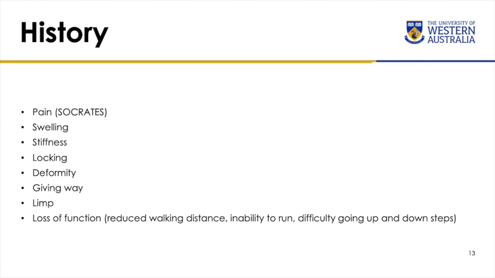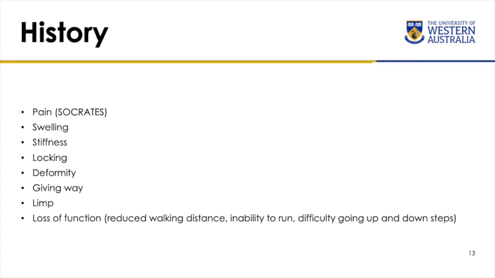Giving way or instability normally suggests a ligamentous injury, but it could also be a meniscal or capsular injury or simple muscle weakness. We should also distinguish from giving way as a result of pain rather than instability.